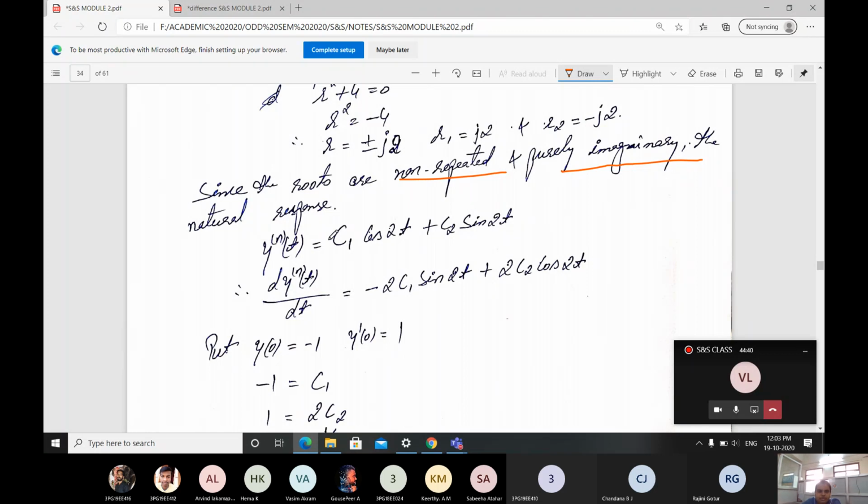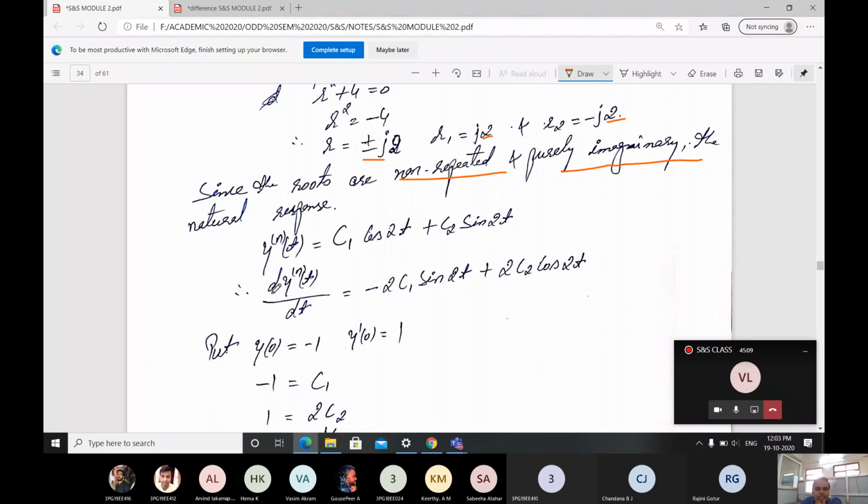Remember, the value is the same, only varying is plus or minus j. For that reason, non-repeated and purely imaginary, because only the j term is there. For that reason, c1 cos 2t plus c2 sin 2t.